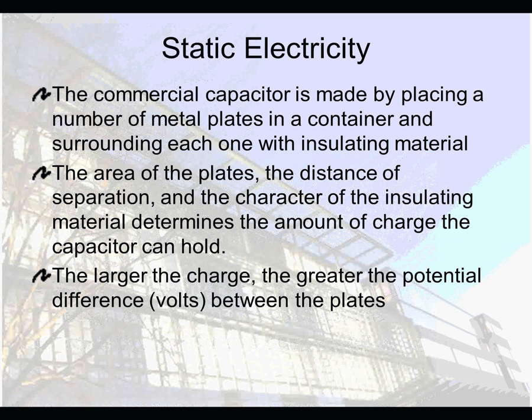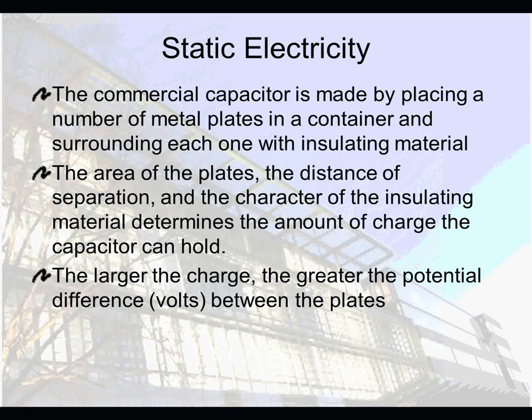Now, commercial capacitors. Again, what's the capacitor? A capacitor is that thing that stores up the electricity. Commercial capacitors are made by placing a series of metal plates in a conductor and then surrounding each one of those metal plates with some sort of insulating material, usually some type of rubber or plastic.